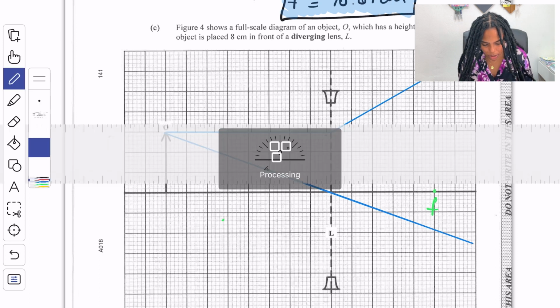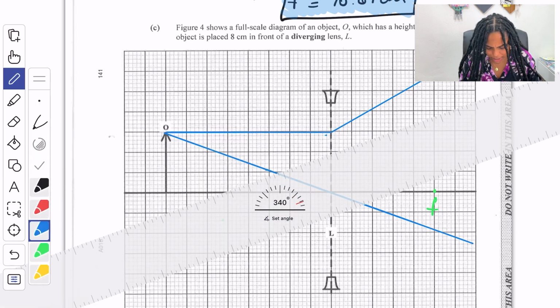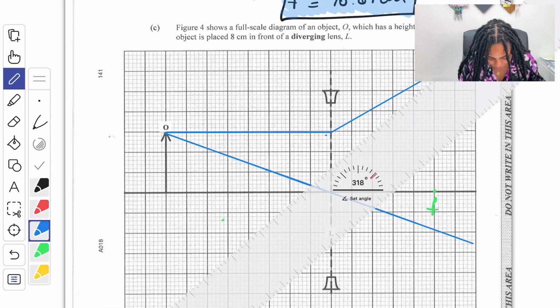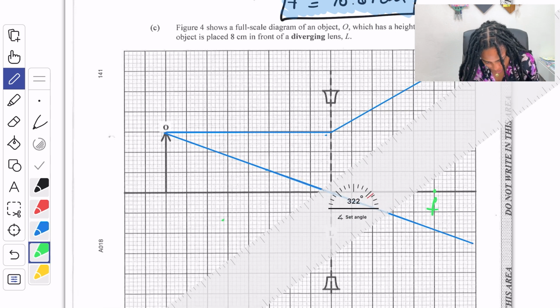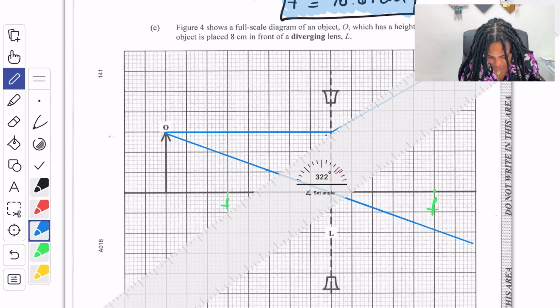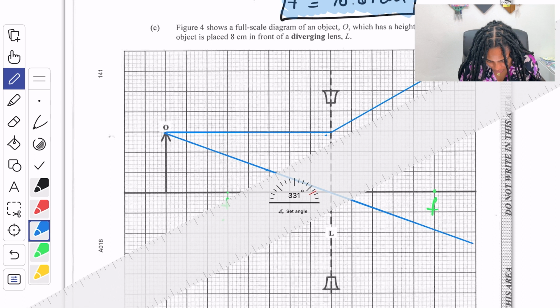Yeah, if you're like me and your line is off, they give us generally like a little 10% grace. So my line has to pass through here. So let me see.